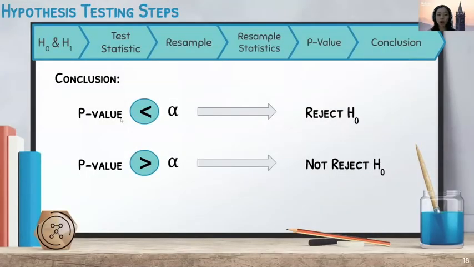So we would conclude to reject our null hypothesis if our p-value is less than the significance level. And we would not reject the null hypothesis if the p-value is larger than our alpha.